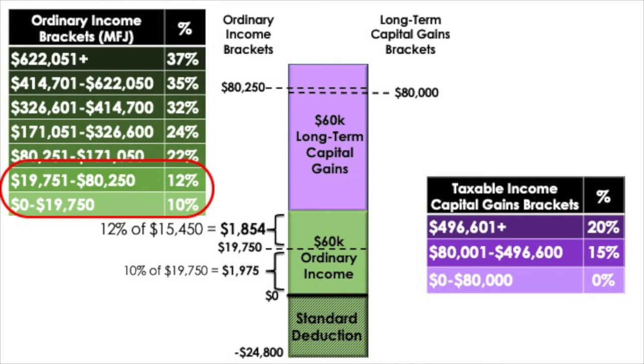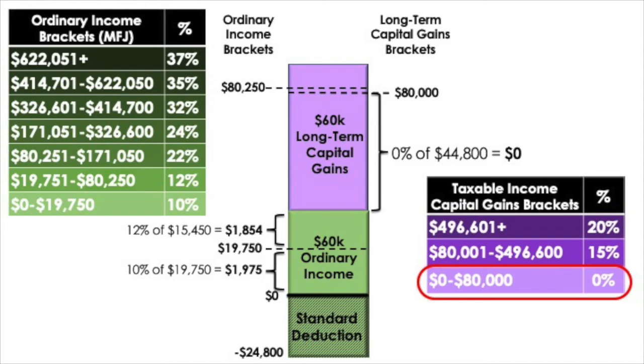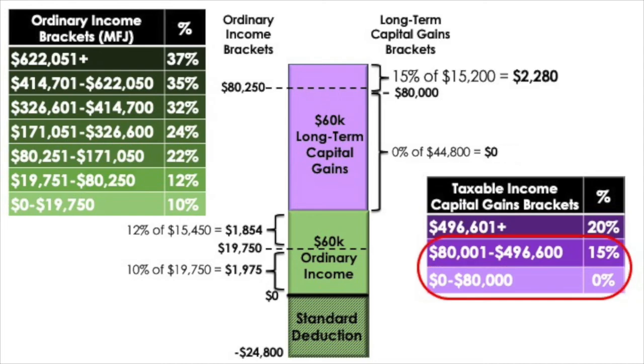Then on top of that, we have the long-term capital gain. So now we're going to shift our analysis over to the right side of the graph, and we can see that a pretty good portion, over $44,000 of that long-term capital gain, is still below the $80,000 threshold and is therefore not subject to any taxation. Now the bit that actually exceeded that $80,000 threshold is now going to be subject to 15% taxation, $2,280, the estimated federal tax burden in this case.